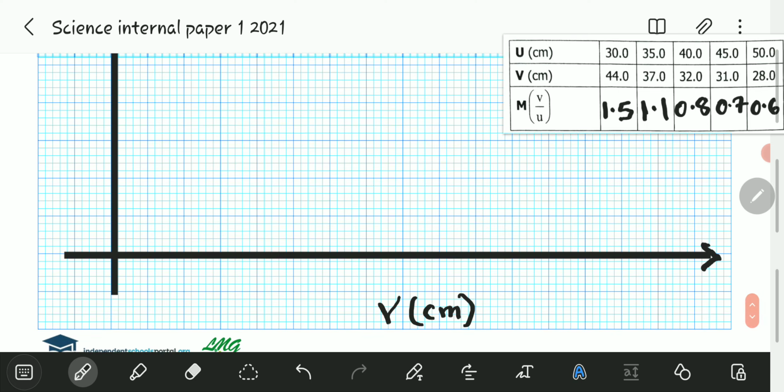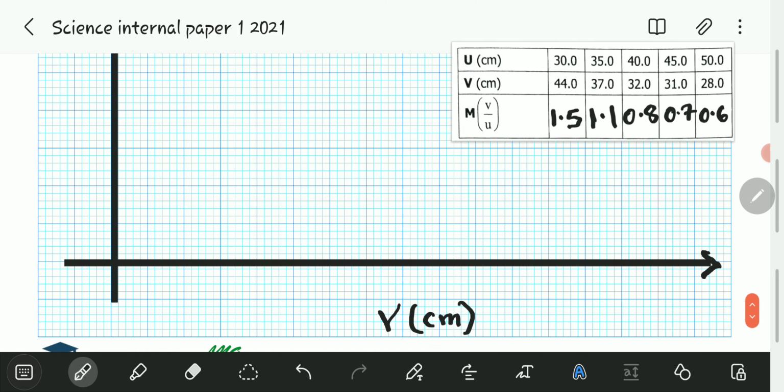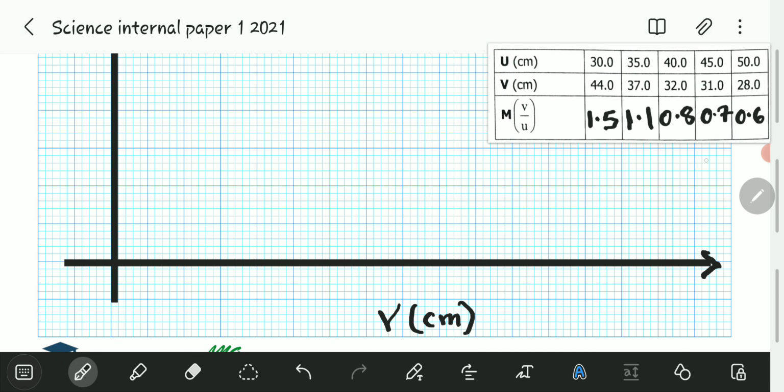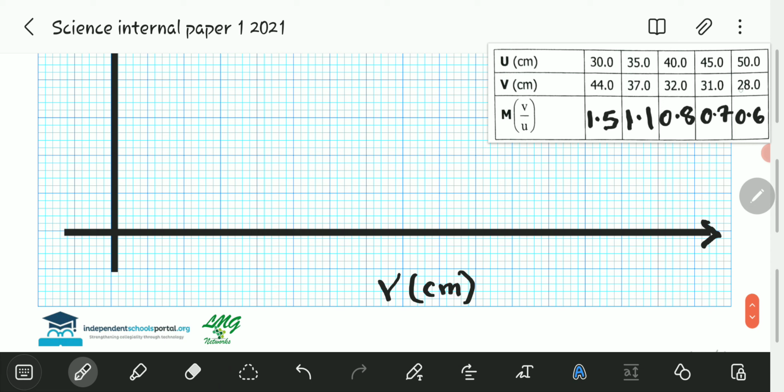No. If you look at the x-axis, we have v, which has values from as low as 28 to as high as 44. It means that the distance between your first point and your last point should be as far apart as possible, such that the space between them is more than 3/4 or more than half.